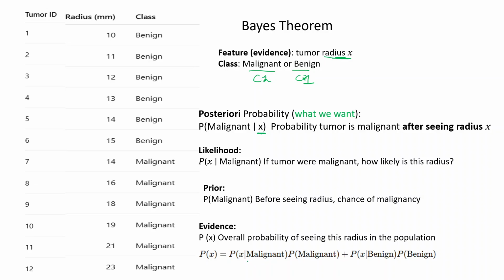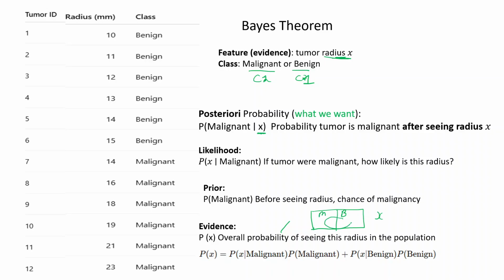It will be calculated with the probability of X given malignant. To understand this: our whole sample space will fit either in the malignant case or the benign case. X is a feature value, the radius. Either this radius fits in the malignant case or the benign case.